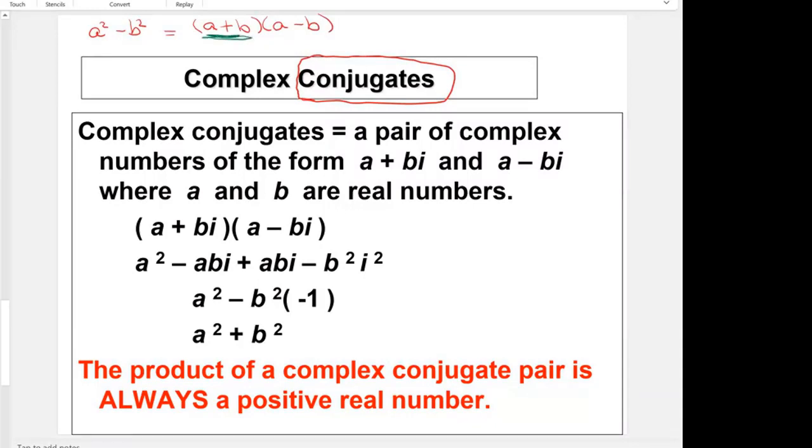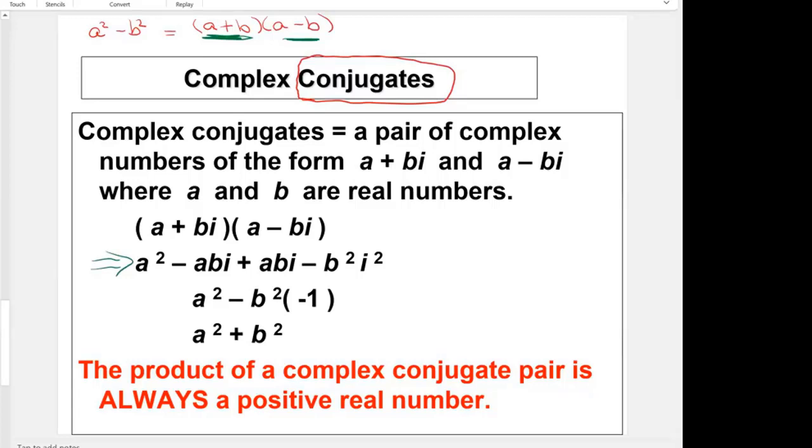These are conjugates. They're not complex conjugates because I haven't said there's an i anywhere, but they are conjugates. Complex conjugates are basically a plus bi times a minus bi.